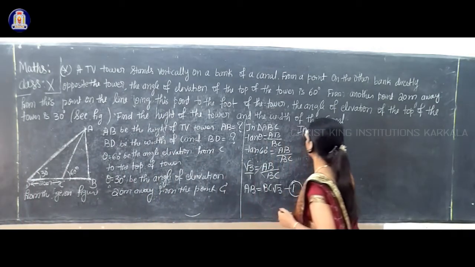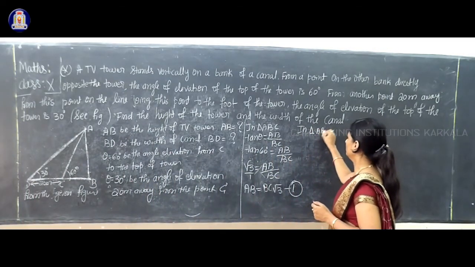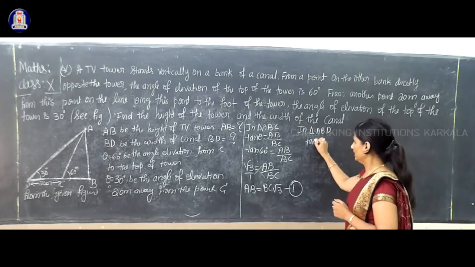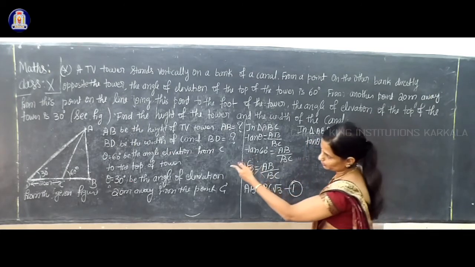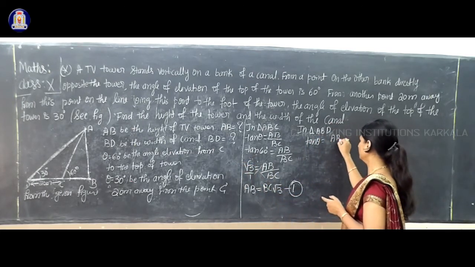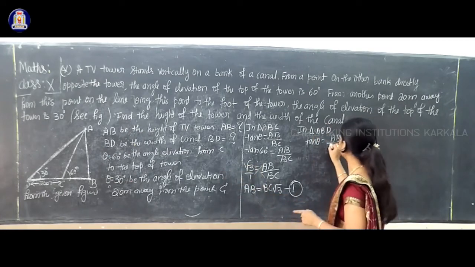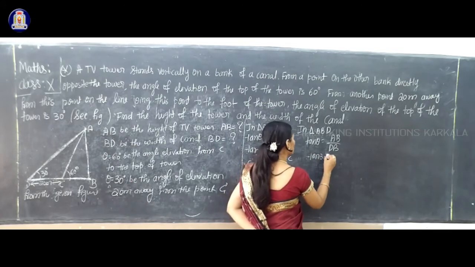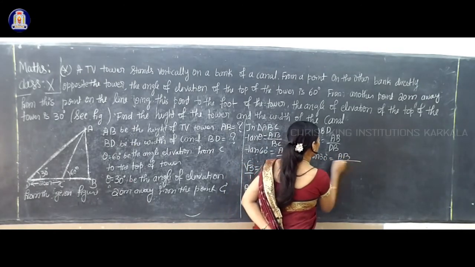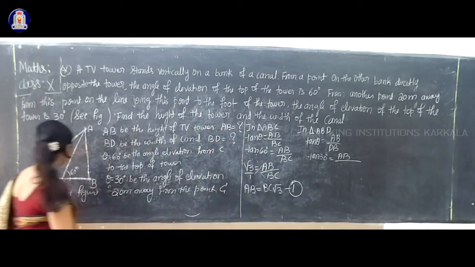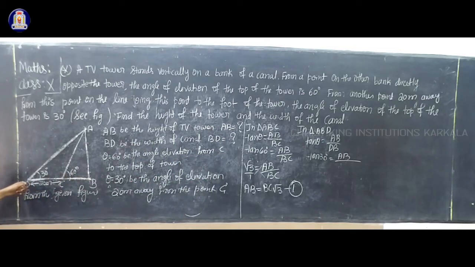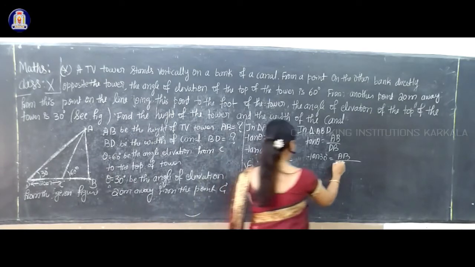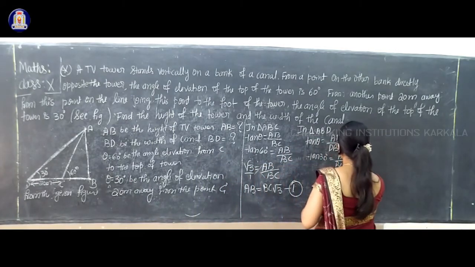In right angle triangle ABD, again tan theta is opposite side AB divided by adjacent side DB. Tan 30 degree is AB divided by DB, and DB is split as BC plus CD.